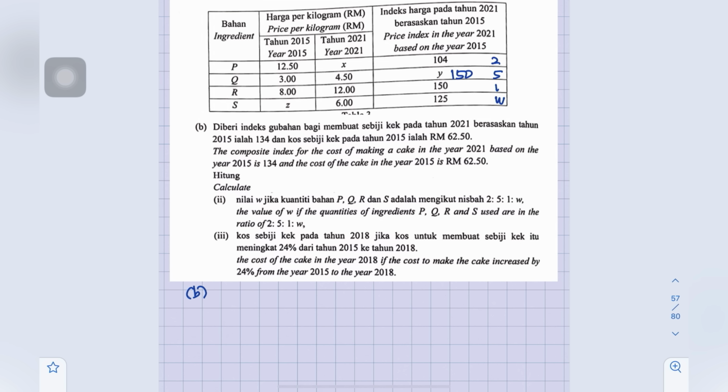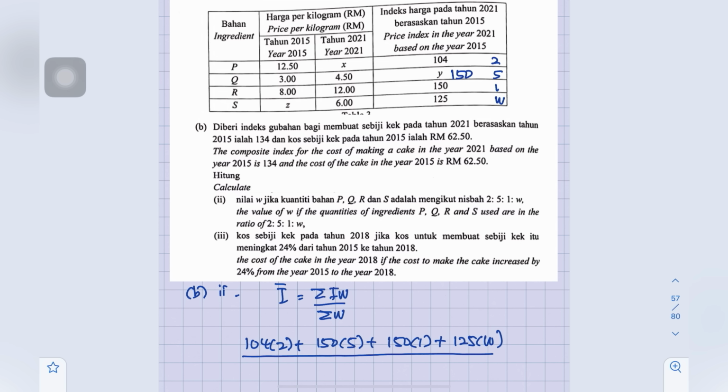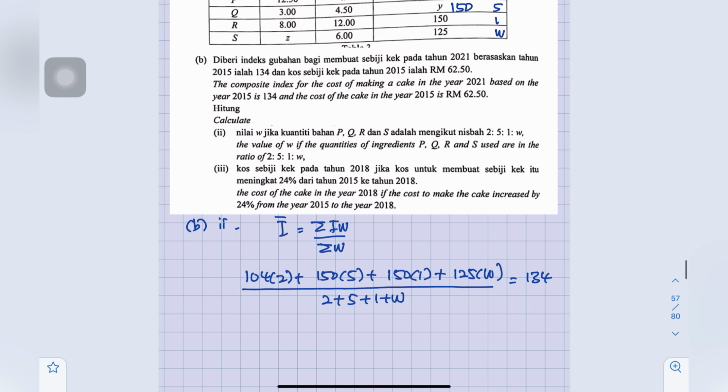To calculate the composite index, I bar equals summation of IW over summation of W. Using the formula: 104 times 2 plus 150 times 5 plus 150 times 1 plus 125 times W, over the total weightage, which is 2 plus 5 plus 1 plus W, equals 134. Then we just solve this.